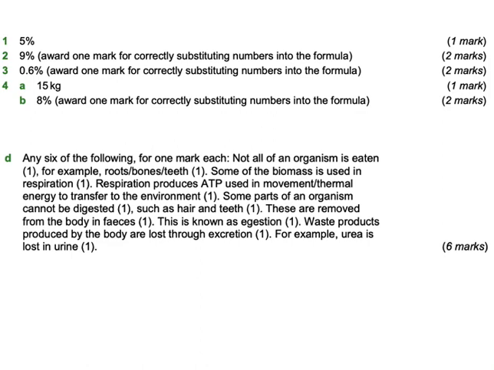Here is my third tip. Respiration produces ATP, which is used in movement or to release thermal energy in the transfer to the environment. So here we're explaining a little bit about what respiration is, having used the word in the previous sentence. Some parts of an organism cannot be digested, such as their hair and teeth containing keratin.